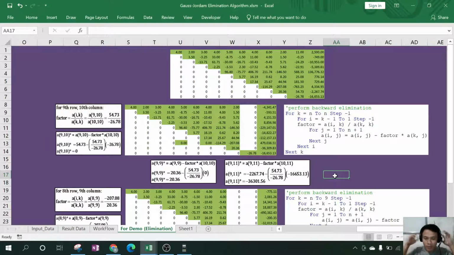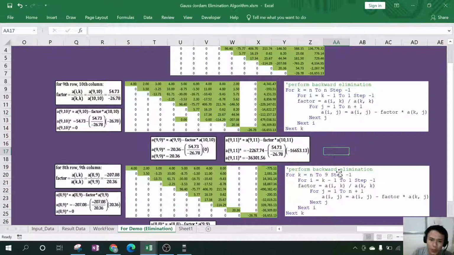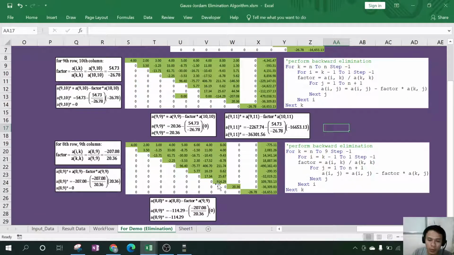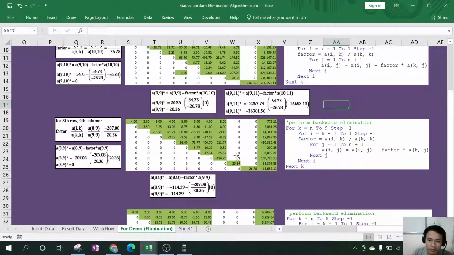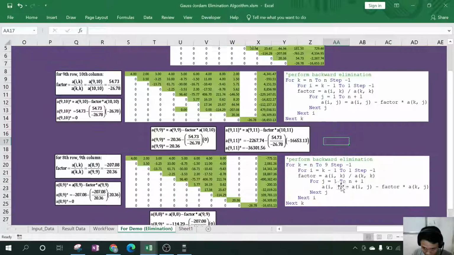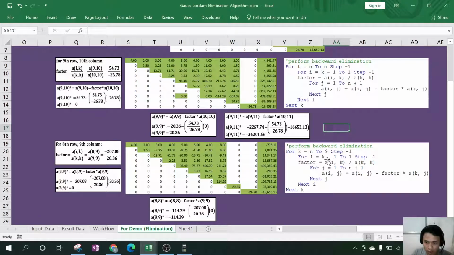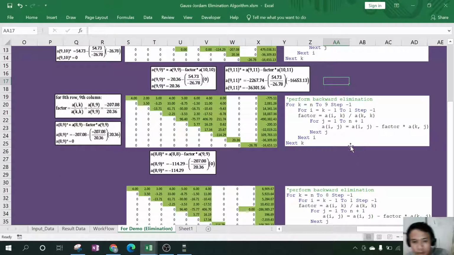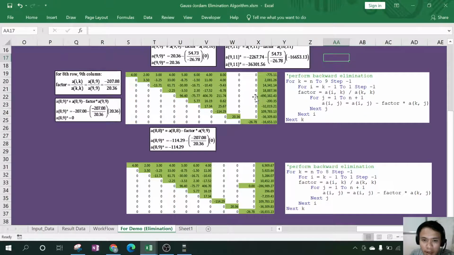Okay. If we continue the process, and we want to get on the 8th row and 9th column, so the same process as what we have done here. So it is shown in this code, then we get this result.